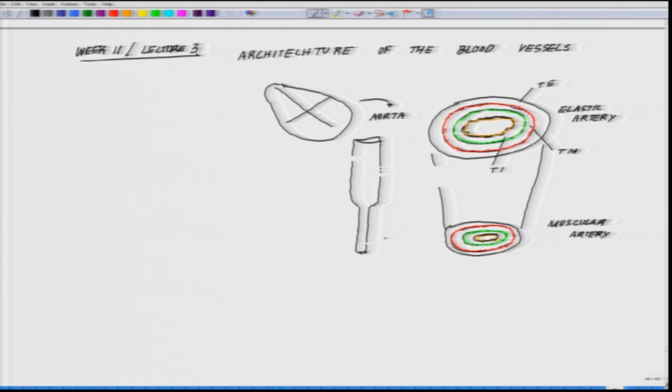Okay. Now, this becomes even further narrowing down. That is what you are going to see now, called arterioles.